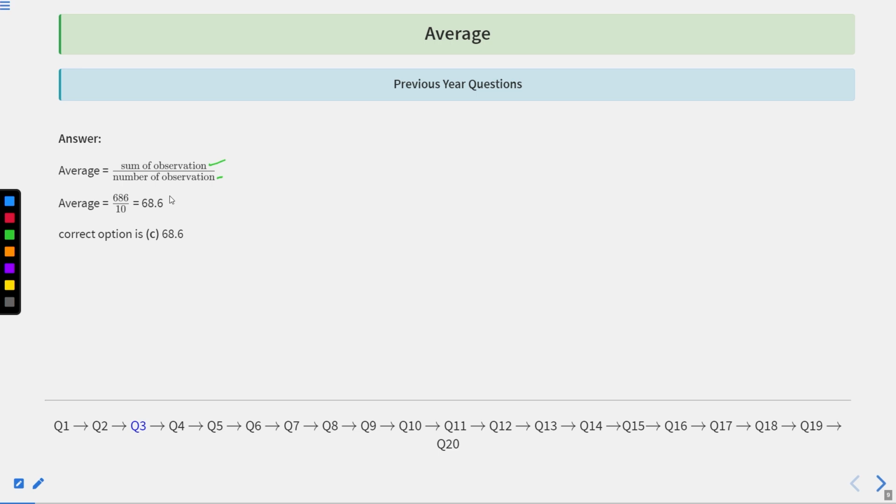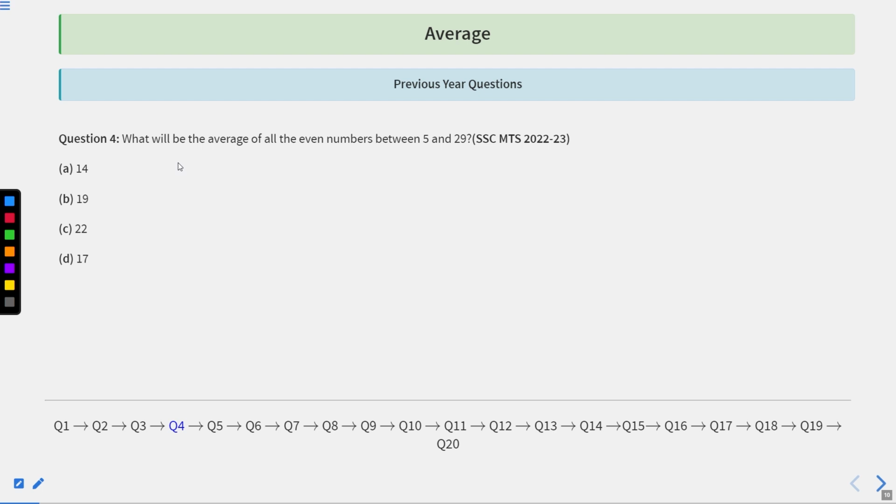In this case, the sum of observations is already provided, that is 686. So the average is going to be 686 upon 10, that will be 68.6. So the correct option here will be option C, that is 68.6.